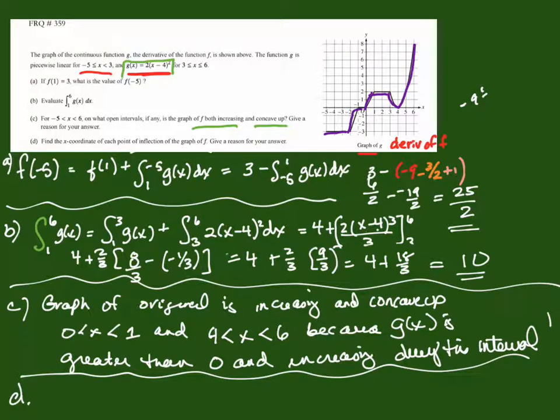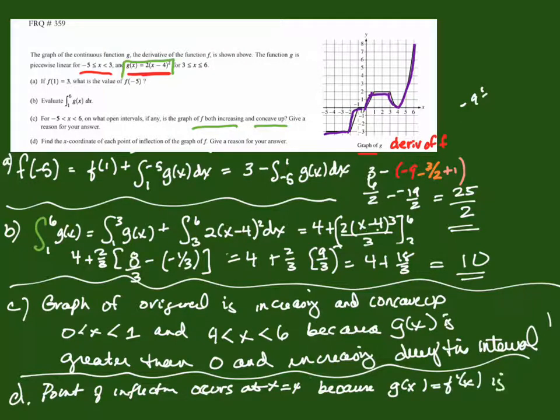So you would say the point of inflection occurs at x equals 4 because g of x, which is equal to f prime of x, changes from decreasing to increasing at this point.